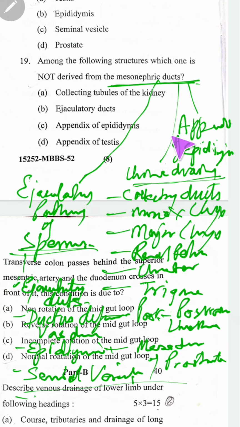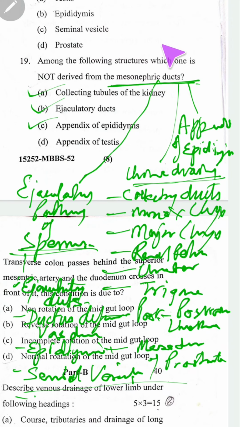Appendix of epididymis is a remnant of the mesonephric duct. Got it? So your question: among the following structures, which one is not derived from the mesonephric duct? Collecting tubules, I have just taught you. Ejaculatory ducts are also from this. Appendix of epididymis is also from this.